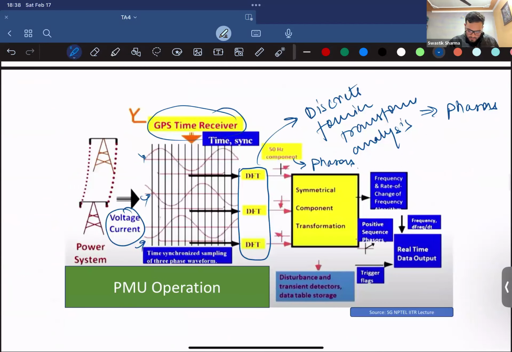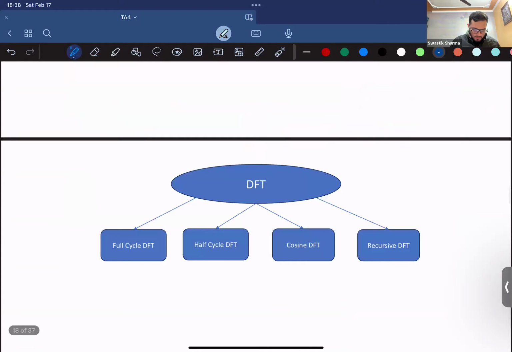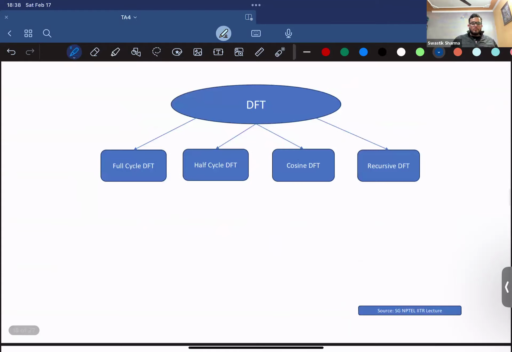So where was I? You get phasor components associated with these voltage and current signals, and after that you can do symmetrical component analysis to get various different quantities. We'll discuss more in the coming slides. So I said DFT.